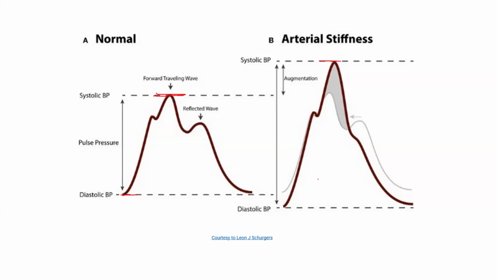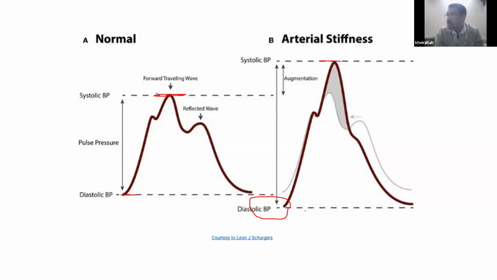And what do you think arterial stiffness has to do with the diastolic blood pressure? Arterial stiffness with the diastolic blood pressure. It decreases it in comparison to normal. Why is that? Because if you look at me here, and I hope my video is clear, I'm showing it with my fingers. If that's the caliber of, let's say, the aorta, when the blood goes in, it dilates.